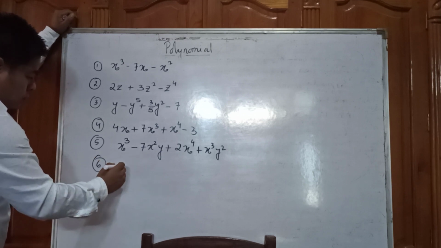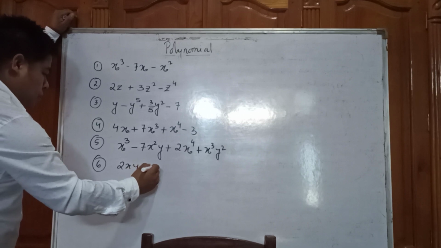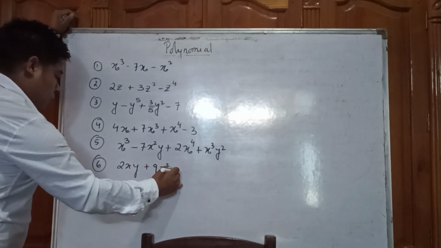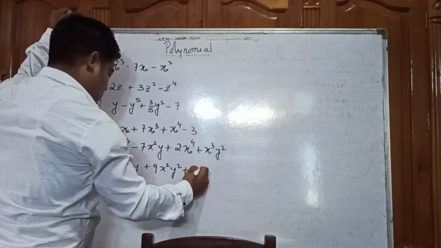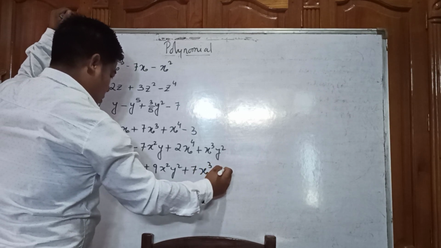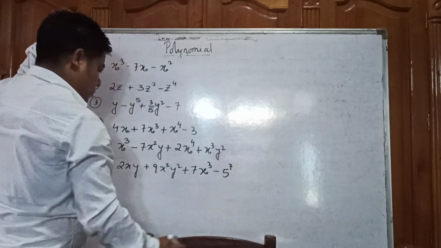Example number 6: 2xy plus 9x square y square plus 7x cubed minus 5 to the power 7.